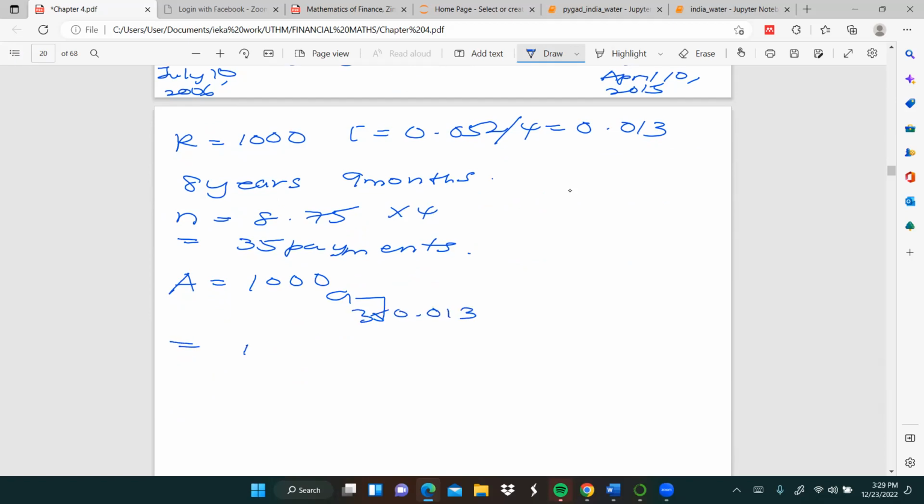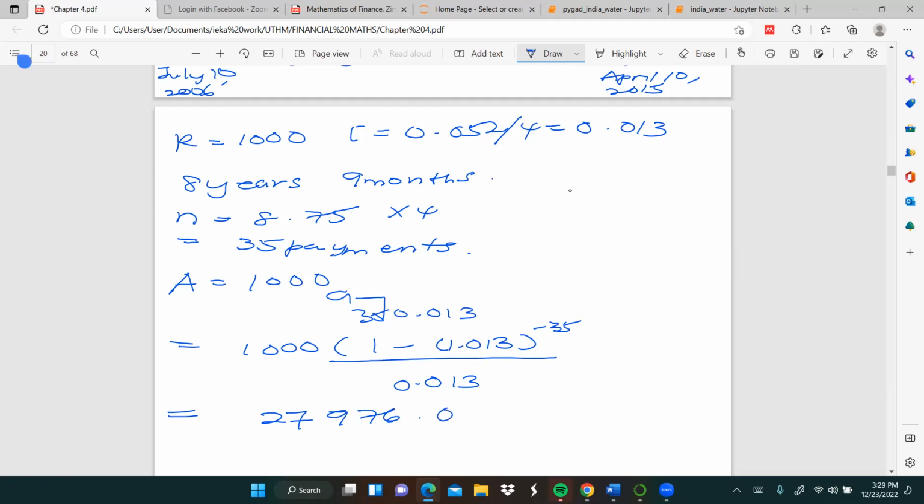So we have 1000 times 1 minus 1.013 to the power of negative 35 divided by 0.013. So we have 27,976.08. Okay, so this is the answer.